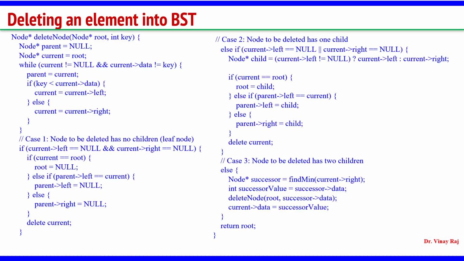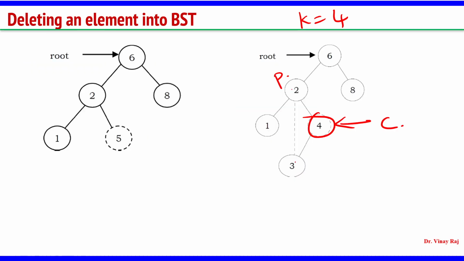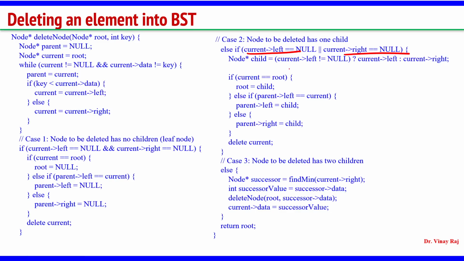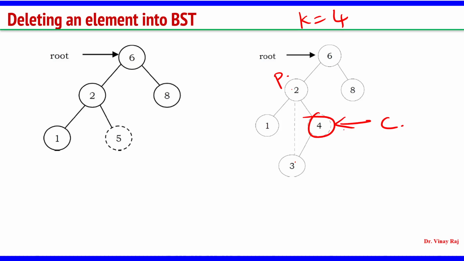Now you see the logic. If current left equal to null and current right equal to null, no, right? It has some element 3, so we are not going here. Because we wrote here, you see it is an OR symbol. Is any one of them null? Yes, the 4's right is null.